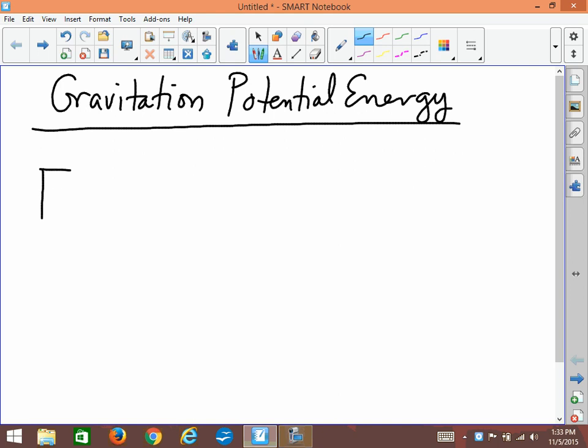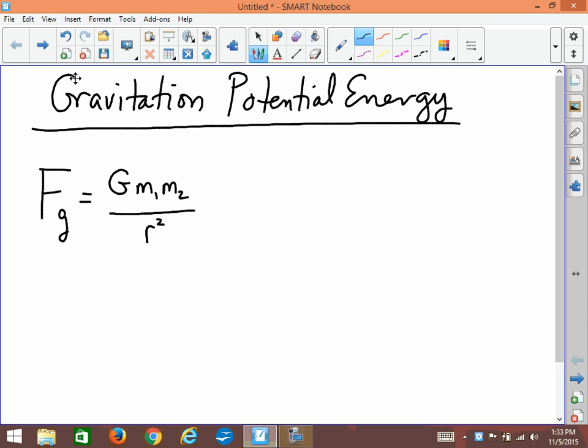Let's look first at what we have learned so far. We know that the force of gravity was quantified by Isaac Newton. He was able to determine that the force of gravity, the newtons of force between two objects due to their gravitational attraction, is G times the mass of one object times the mass of the other object divided by the square of the distance between them.